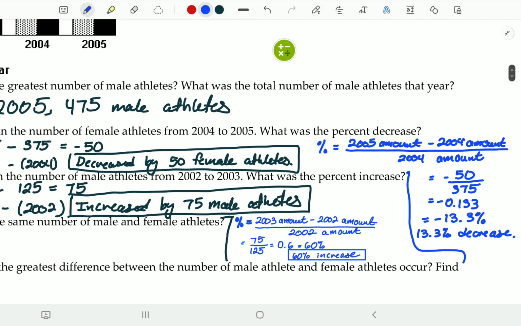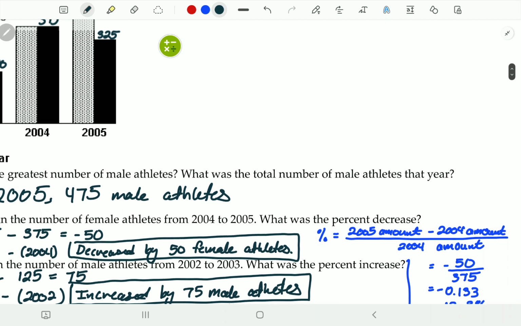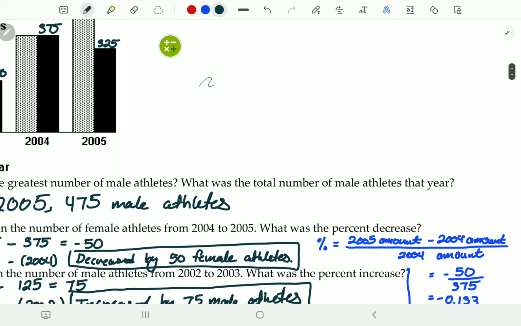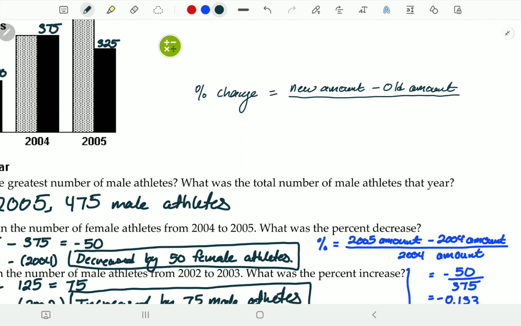With that said, I guess I should give you guys the formula for percent change. Maybe you might remember this from Math 108. But the percent change formula equals the new amount minus the old amount, divided by the old amount.